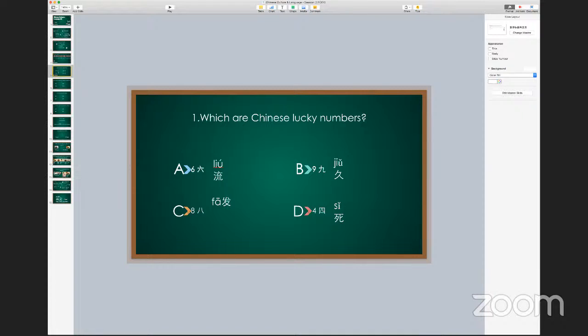And 8 is 八. 太棒了，太棒了！哇哦。Great, great. So 666, 99, 88. Yeah, perfect.